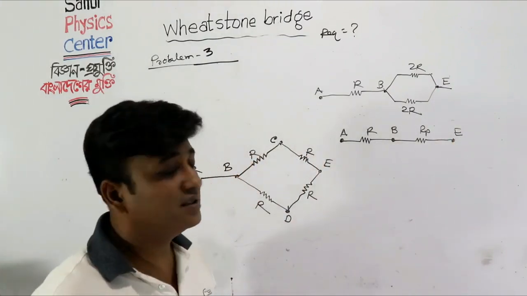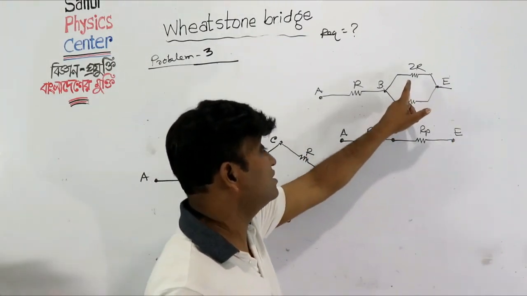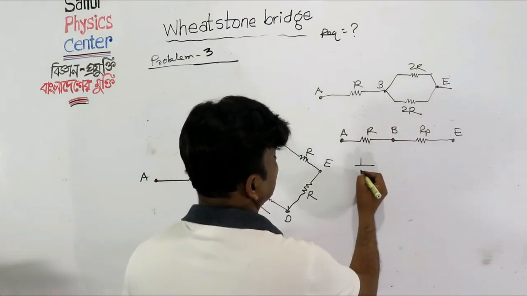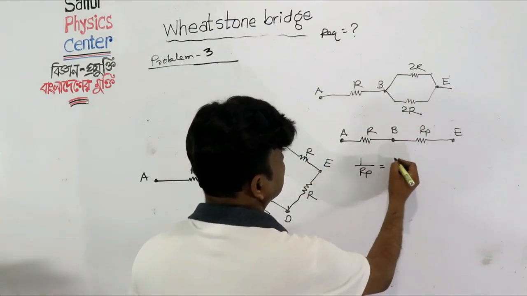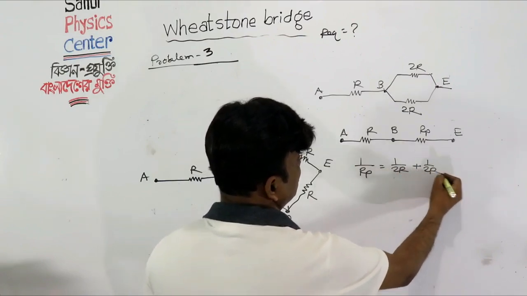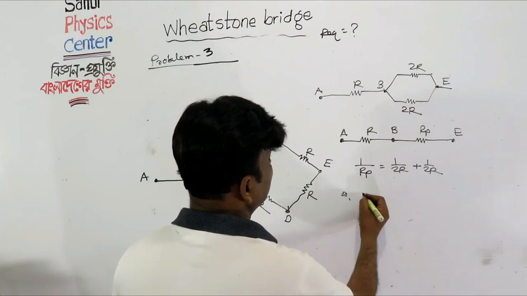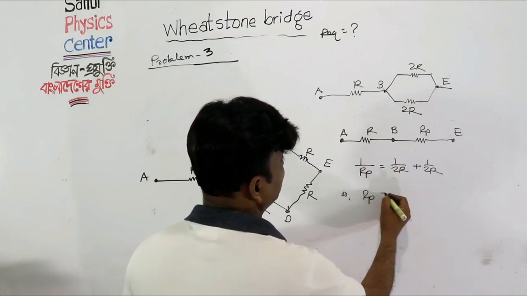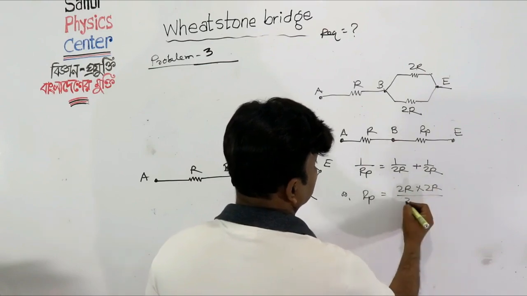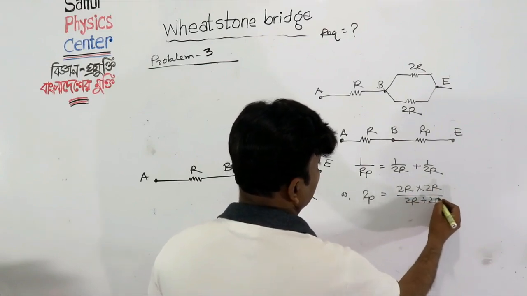Now what is the equivalent resistance of these two resistances? It is 1 by Rp equals 1 by 2R plus 1 by 2R. So from it we can write Rp equals 2R into 2R divided by 2R plus 2R.